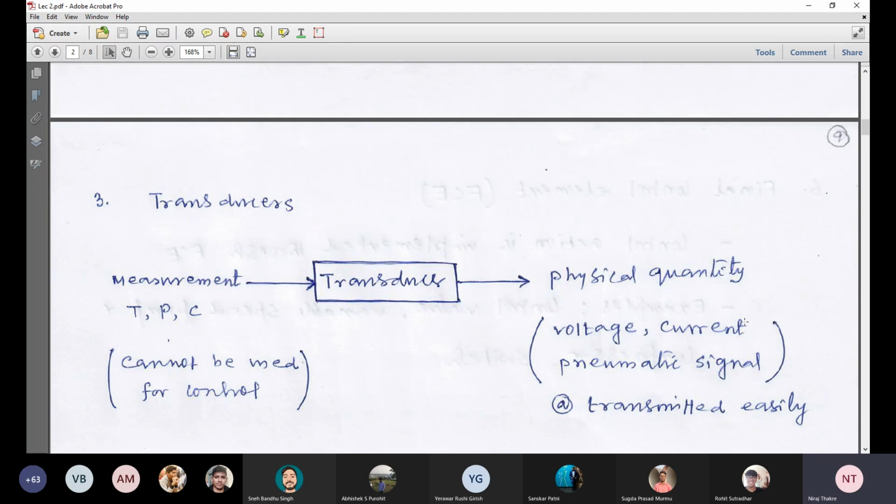That means it measures composition and transmits also. That's why CT, PT, TT in brief, are the terms used. Fine.